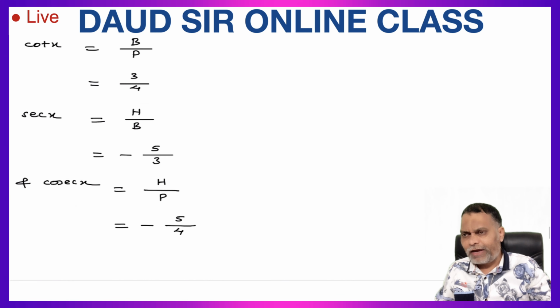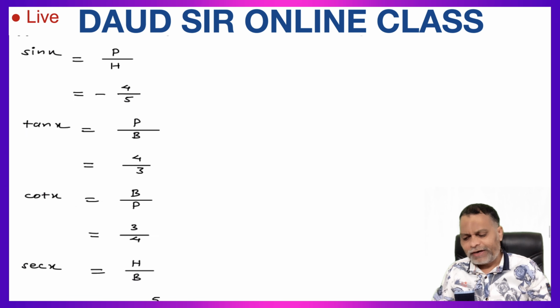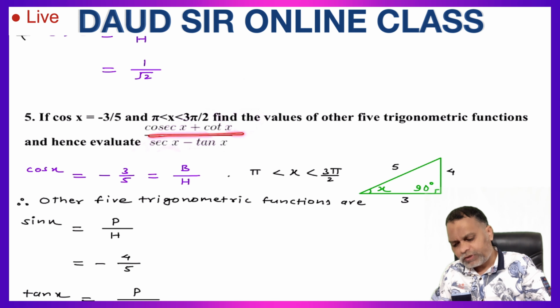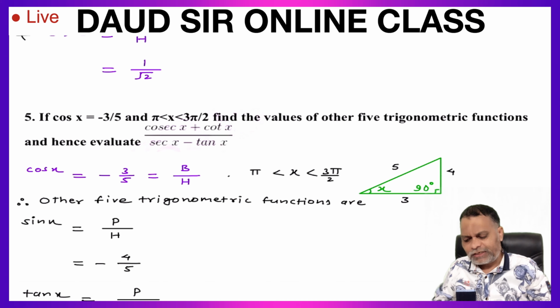Now we have to use these values of trigonometrical functions for finding the value of cosec x plus cot x upon sec x minus tan x.